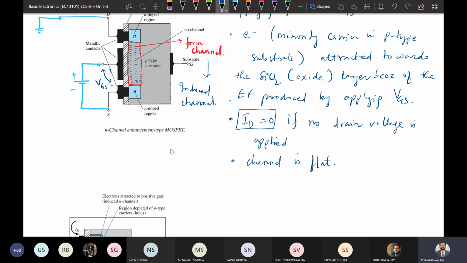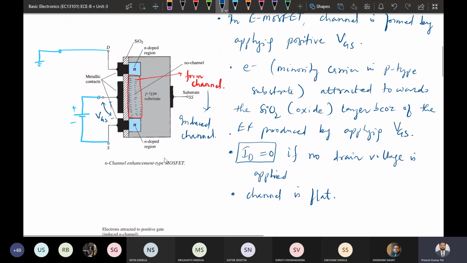So this induced channel is basically flat when there is no drain to source voltage.